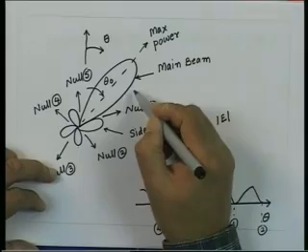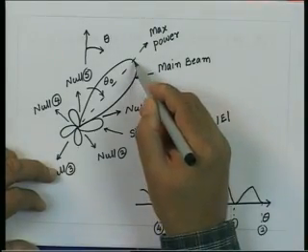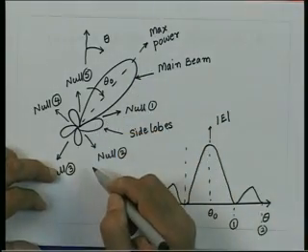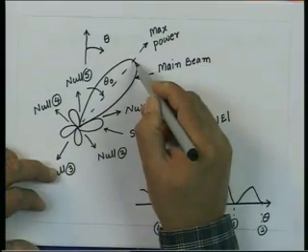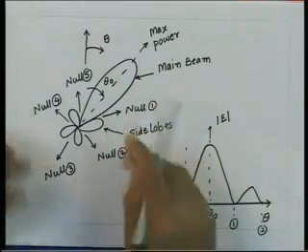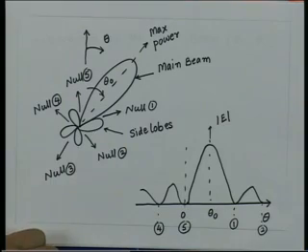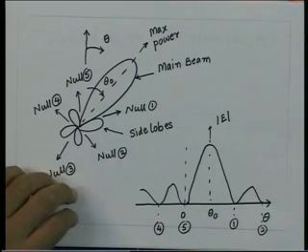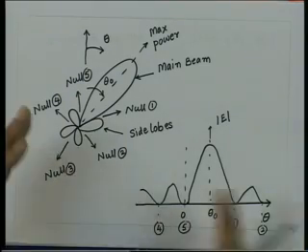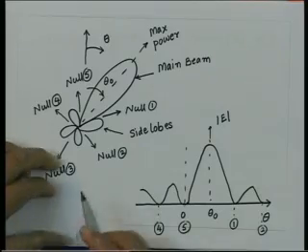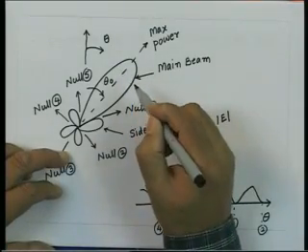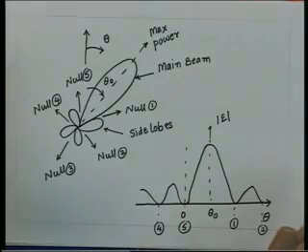But when I go very far from the main beam towards the null, there is a variation of the electric field from maximum to 0 over this sector. Normally in electrical engineering we define a quantity called the effective width. That is the region over which the power lies within 50% of its maximum value.